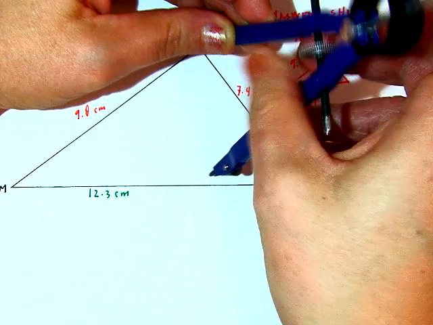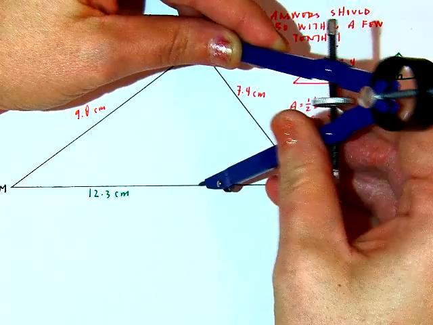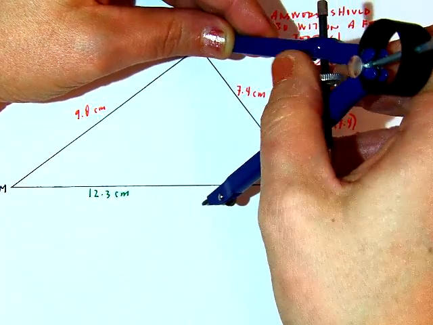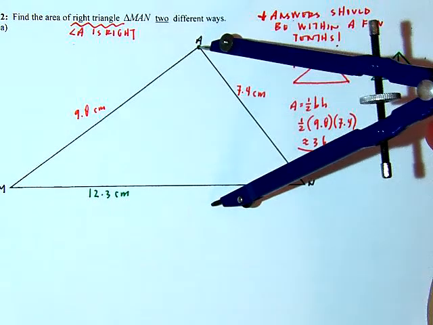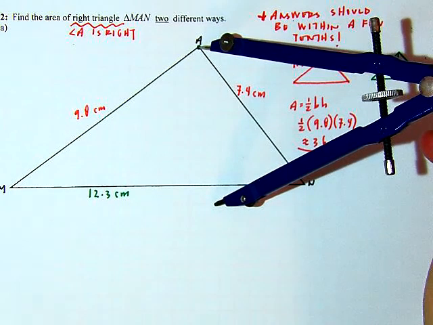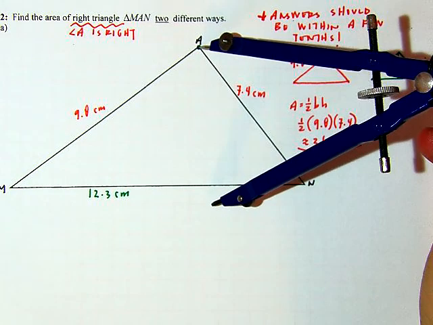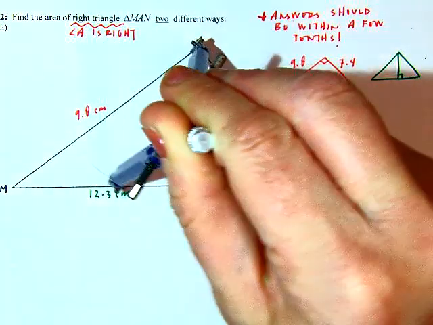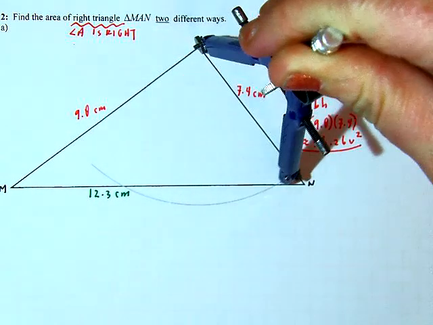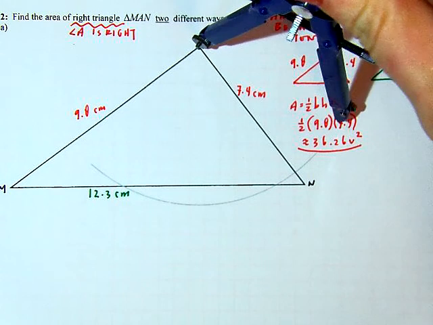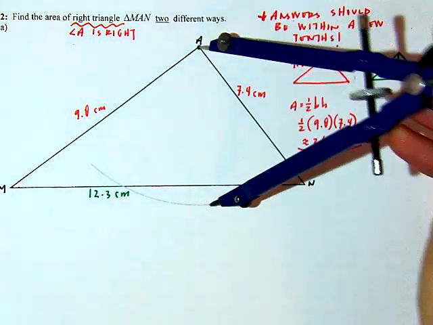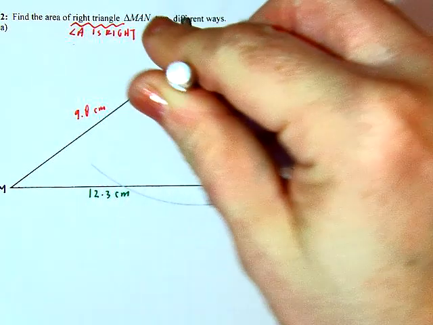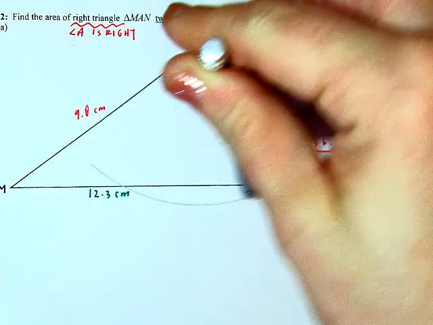I'll make it a little wider because I want it to shoot through on both sides. So this is a good width. Now I'm going to draw an arc that slices through on both sides, just like that.